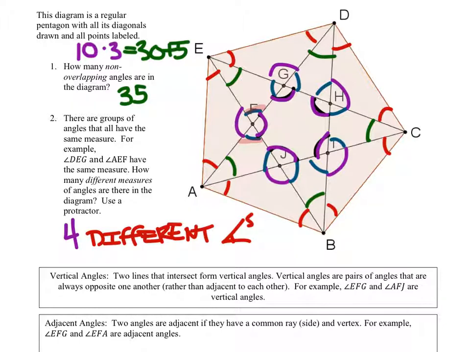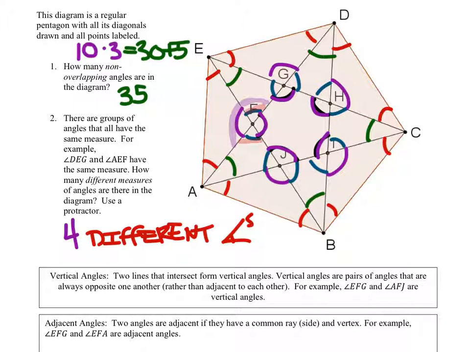Two angles are adjacent if they have a common ray or side and vertex. For example, let's mark these up: EFG, so that's still this one, and EFA, that would be this one, are adjacent angles. Now those two also form a straight line, which we'll get into in a moment, but for now they're simply adjacent.